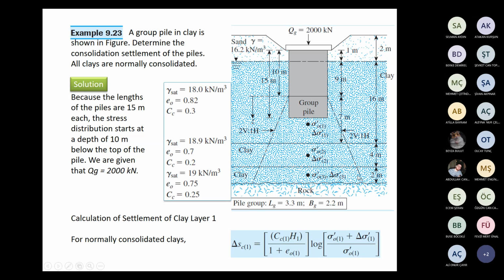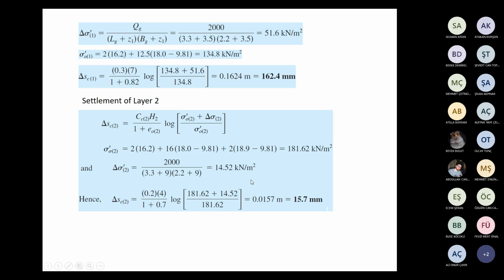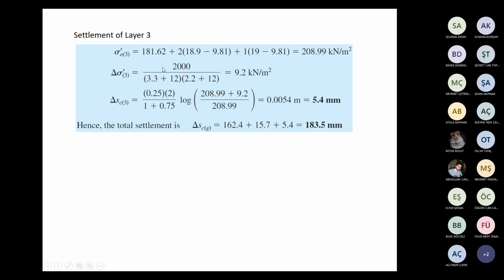Let us do the same thing for the third clay layer. Half of 2 meters is 1. So 11 plus 1, 12, and Z is 12 meters.